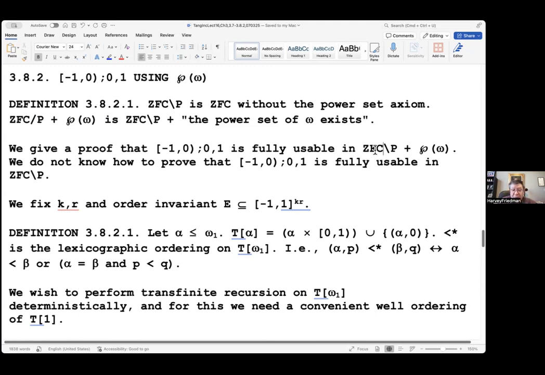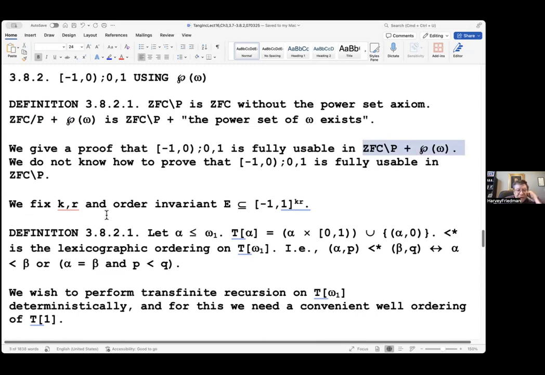I don't know how to prove it's usable in ZFC minus power set without the power set of omega. There are some avenues of techniques that I have to see if there's a possibility that I could reduce this down. But right now, the natural proof is using the power set of omega.